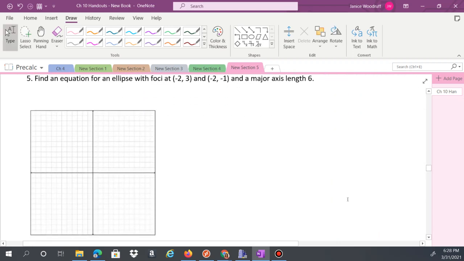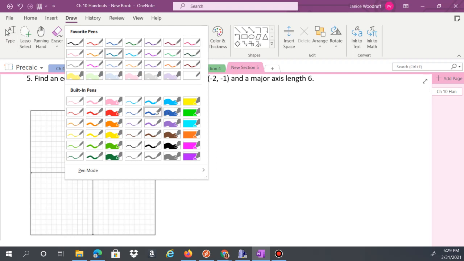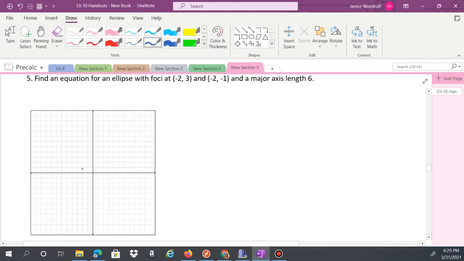Okay, so we're given our foci and then the major axis length. So let's see here. You've got (-2, 3), (-2, 1), and (-2, -1). So that's telling me right there that's vertical. So that's going to be a y.